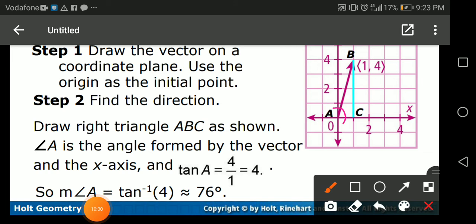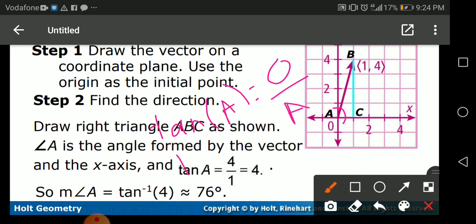When I want this one, tangent of angle A equals opposite over adjacent, remember? So tangent of angle A equals opposite, which is 4, as I told you, 1, 2, 3, 4. The adjacent, this side, is 1, so 4 over 1.